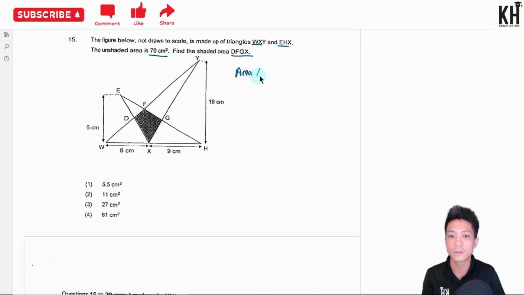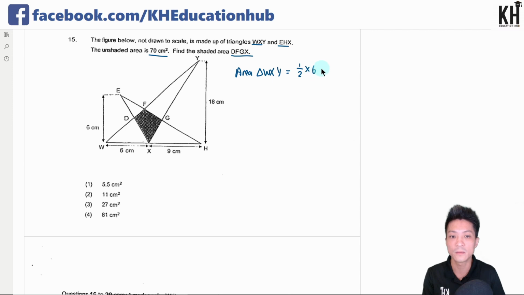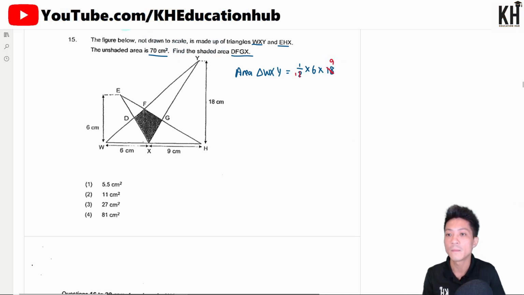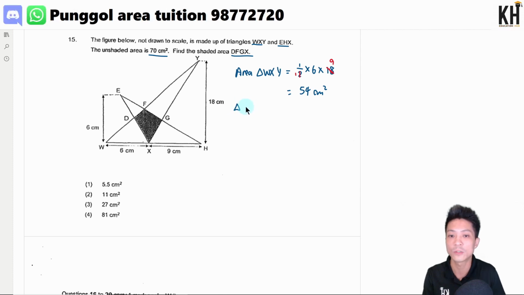So I'm gonna write the working here. Area of triangle. Let's start with WXY. WXY is gonna be half times base times height. So we're gonna do the reducing. Cancel 1, cancel 9. So 9 times 6 will give me 54 square cm. Then next I'm gonna find the area of triangle EHX.